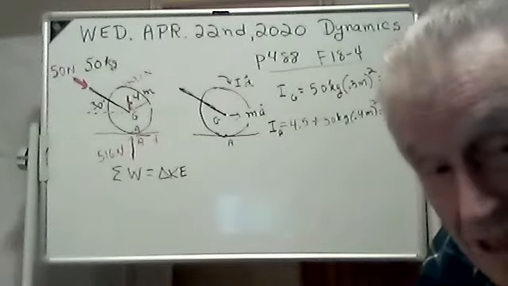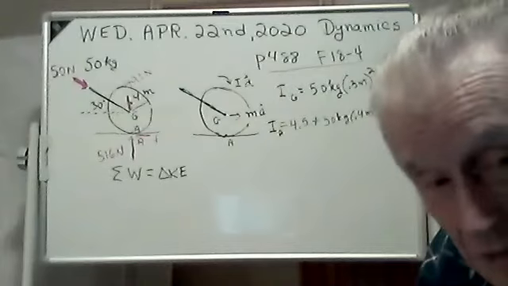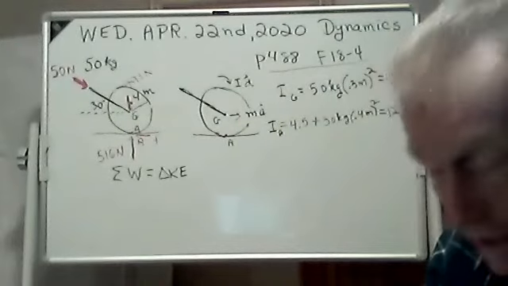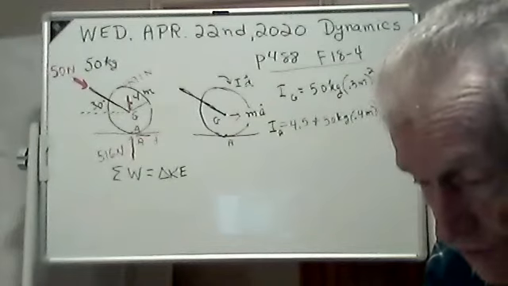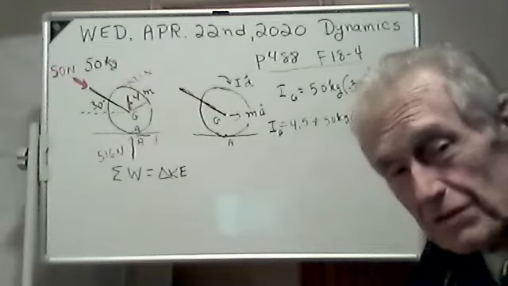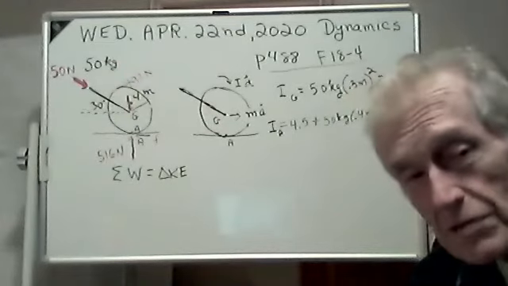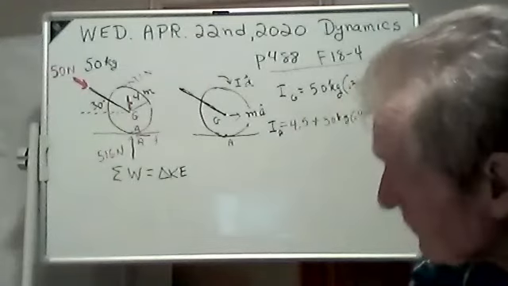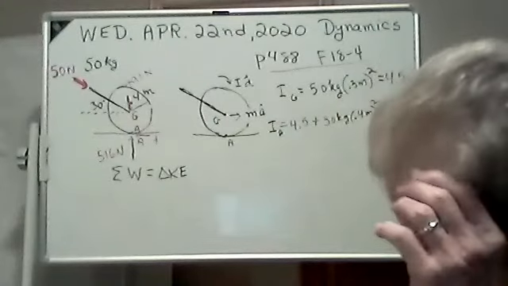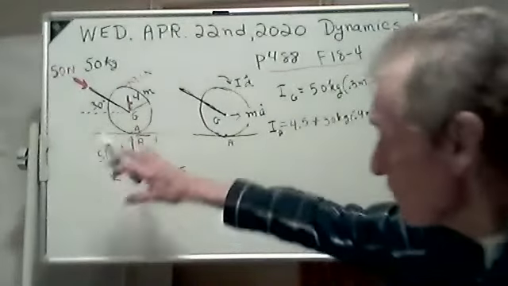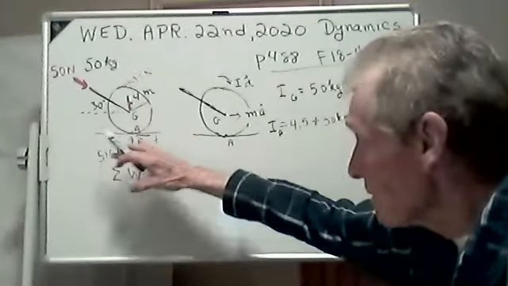Did you get the zero? The zero velocity. That means no motion. Instantaneous center of zero velocity. Well, if there's no velocity, if there's no motion, there's no work. To do work, you have to move. Friction doesn't do any work.